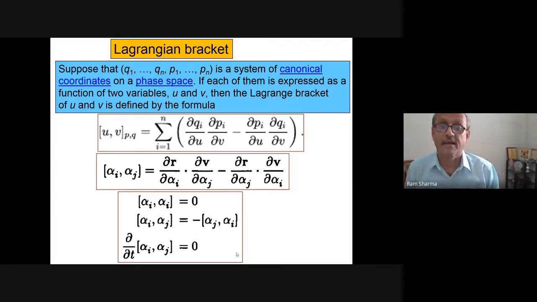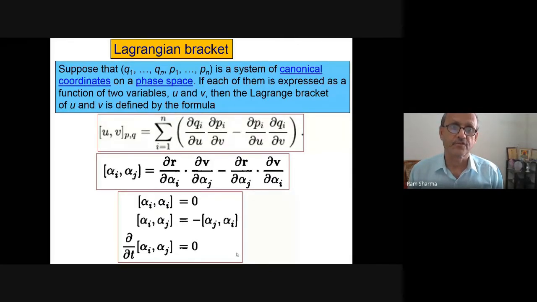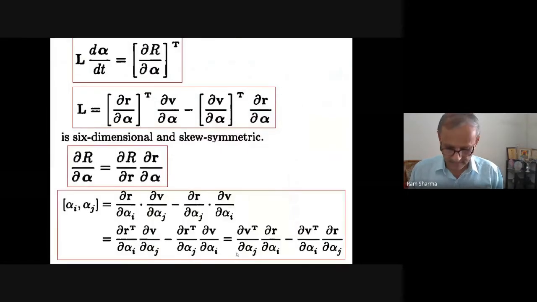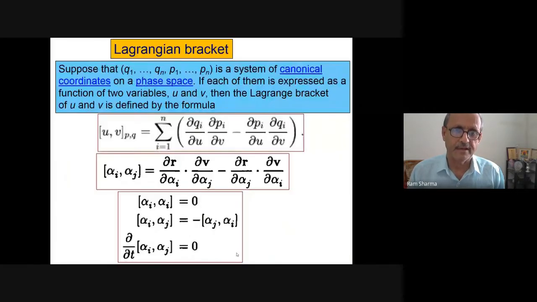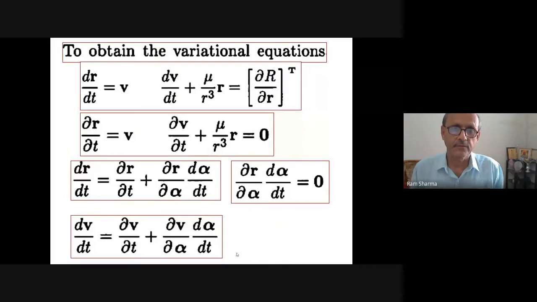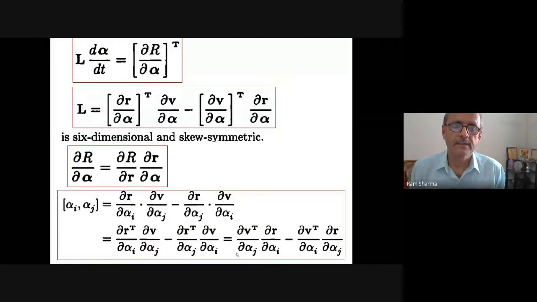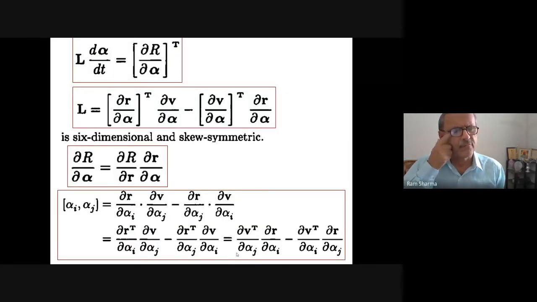These properties of Lagrangian brackets have helped to simplify those equations. When you start with these equations, the notations are different there, so I will just quickly tell you. The right side is your force function, and how to write that in this form.